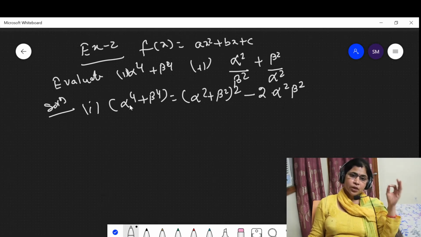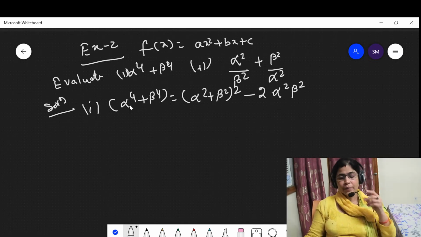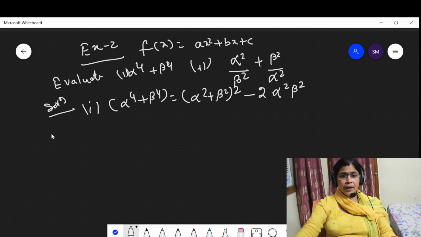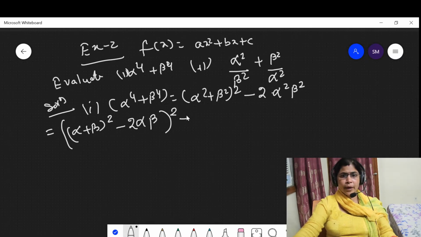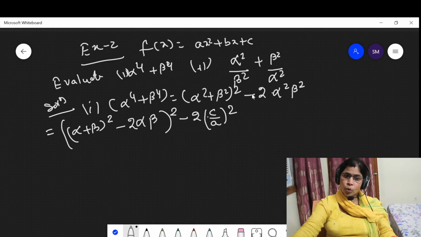A square plus b square can be written as a plus b whole square minus 2ab. Then alpha square plus beta square can be split into alpha plus beta whole square minus 2 alpha into beta, whole square minus 2 into alpha square into beta square, where alpha into beta is c upon a whole square. Alpha square beta square can be written as alpha beta whole square.